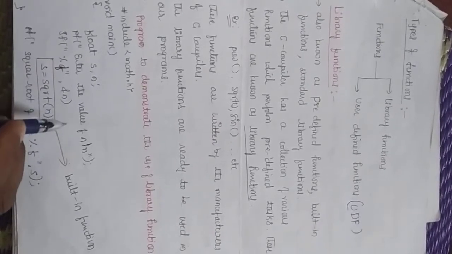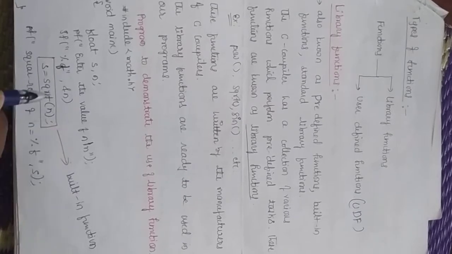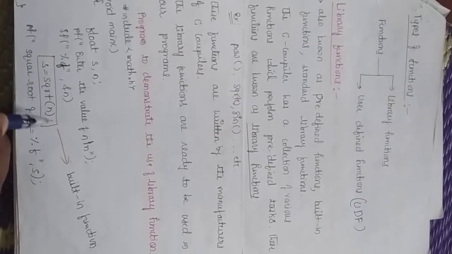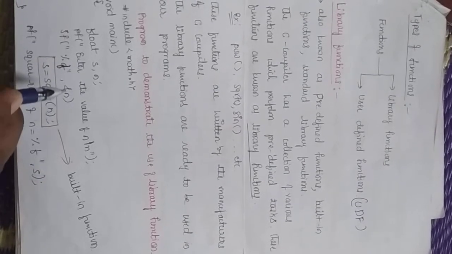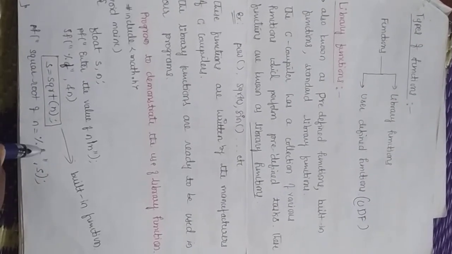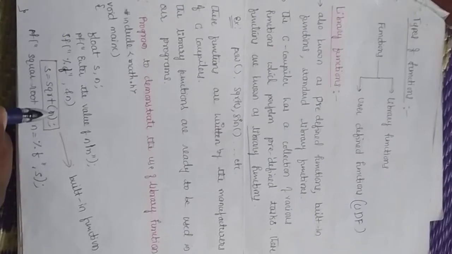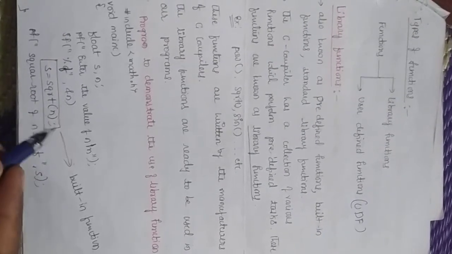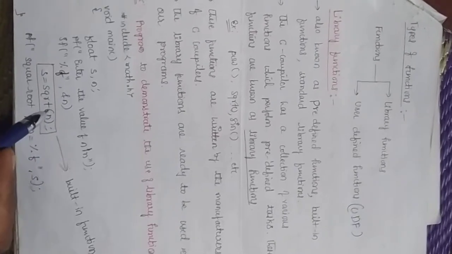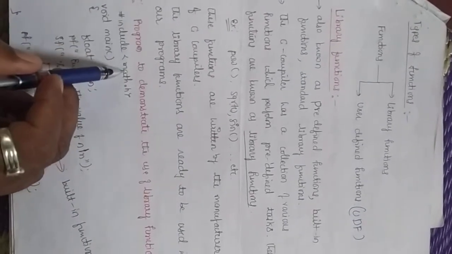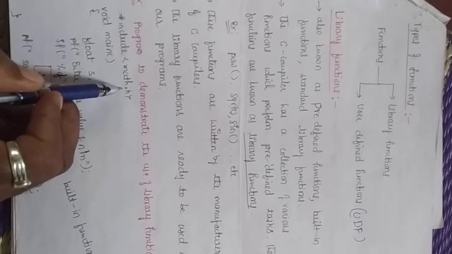It means you can enter one number. Suppose if I enter 25, sqrt of 25 gives the result 5. That is stored in s and we print it. It means no need to write our own code to find the square root. Just use this function and you will get the output. To use this function, I have to include one header file called math.h.